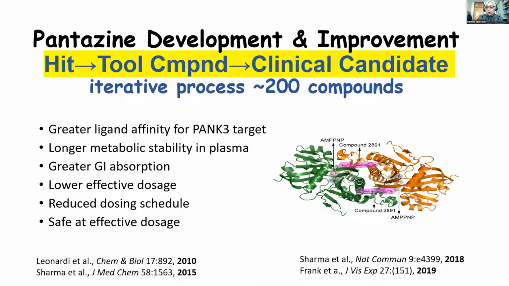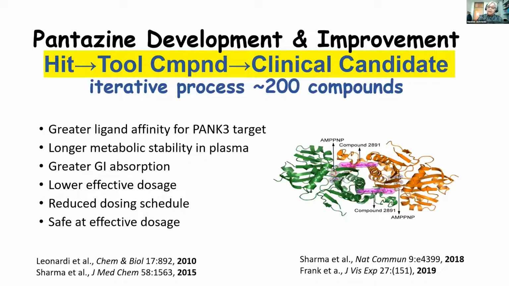And in the course of this process, we increased the potency more than 400-fold. We extended the lifetime of the pantazine in circulation 3-fold. The absorption in the GI tract reached more than 95%, and there was a bit of formulation development involved in this aspect. All the while we maintained an ability to cross the blood-brain barrier.